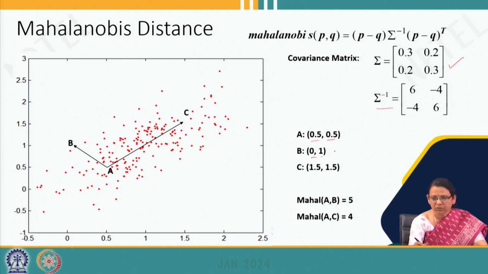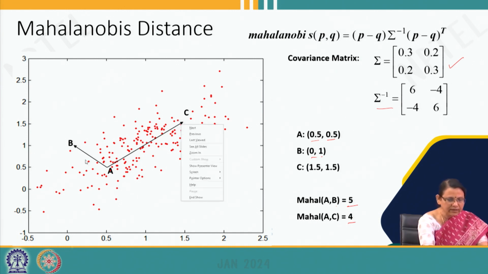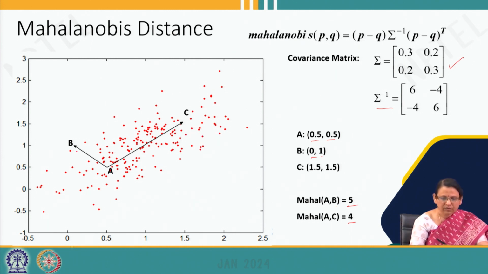So, (P minus Q) sigma inverse, then (P minus Q) transpose will be giving you Mahalanobis distance values. So, if we look at this point, the distance between A to C is less than that of A to B, which in terms of your Euclidean distance looks longer, whereas this one is short.